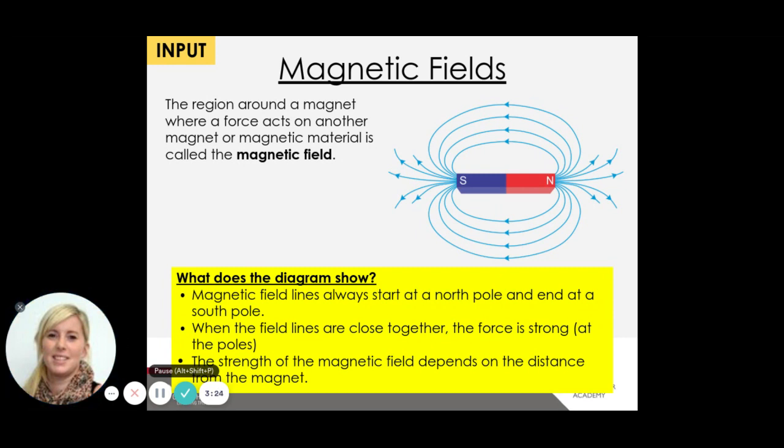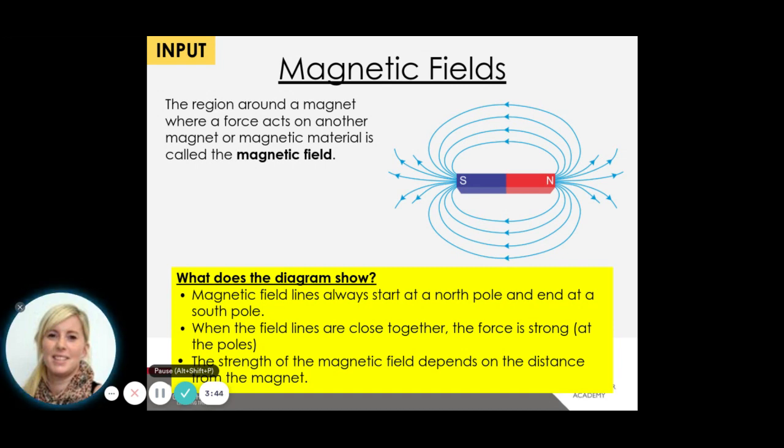That is always the case. The magnetic field lines always start at the North Pole and then end at the South Pole. We show that with little directional arrows on the lines. Notice as well that if the lines are really close together, then the magnetic field is much stronger at this point.